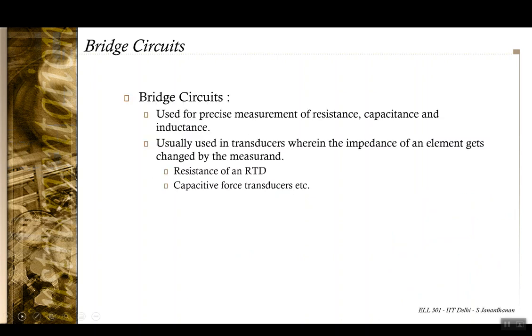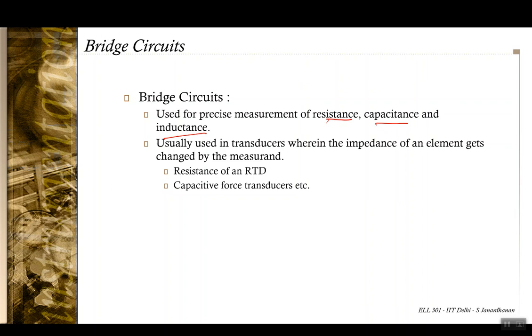So as I said, the bridge circuits can be used for more precise measurement of resistance, capacitance, and inductance. And typically bridge circuits are used where the impedance of the elements gets changed due to the measured quantity.